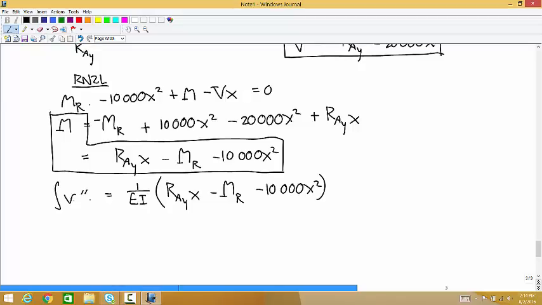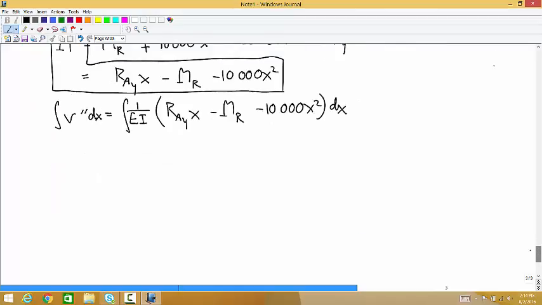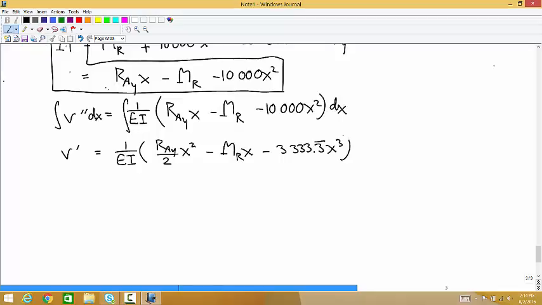And so if we integrate that, we get that v prime is equal to 1 over EI times the quantity R-A-Y over 2 times x squared minus M-R x minus 3,333.3 repeating x to the third. And then don't forget the constant of integration, so plus C1.